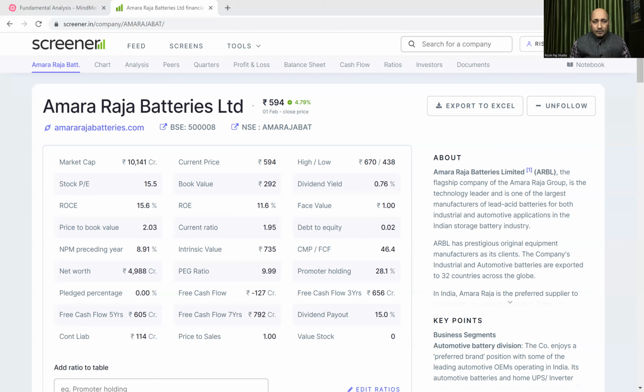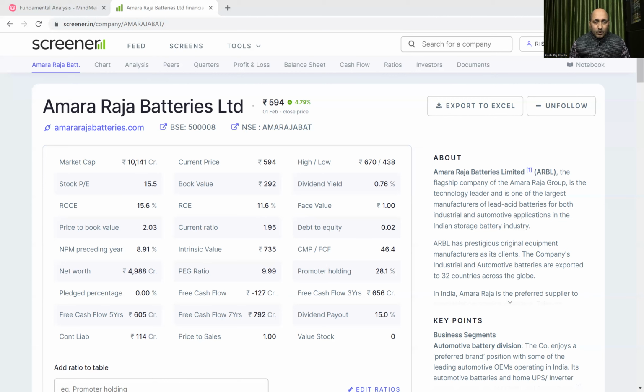Return on equity: 23, 18, 16, 15, 18, 15, and 11. So only this March 2022, it is not so good. Earlier, it was consistent and good. ROC again. Debt to equity ratio, of course, is far below 1.